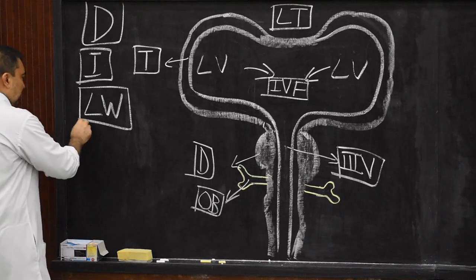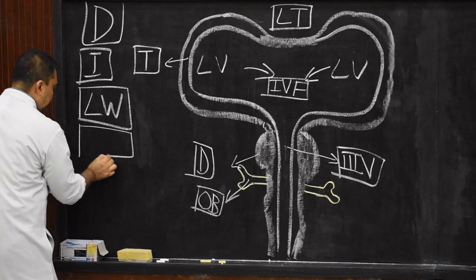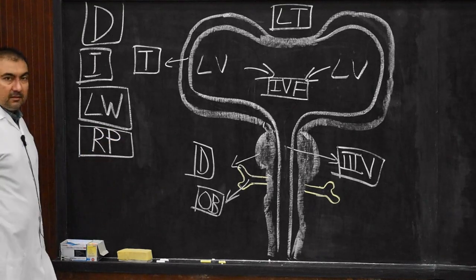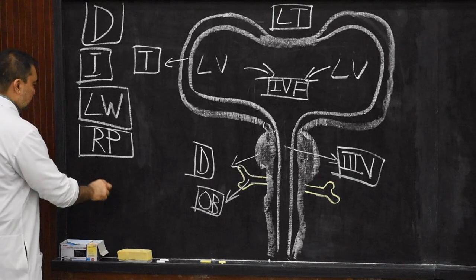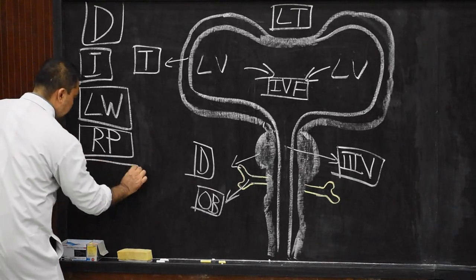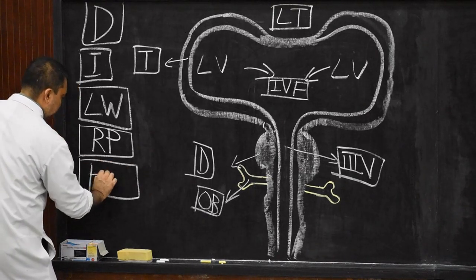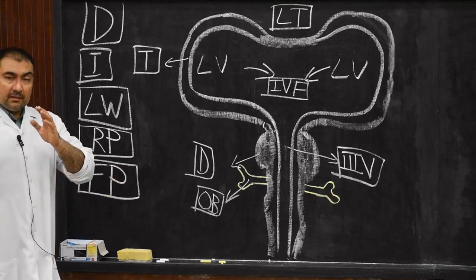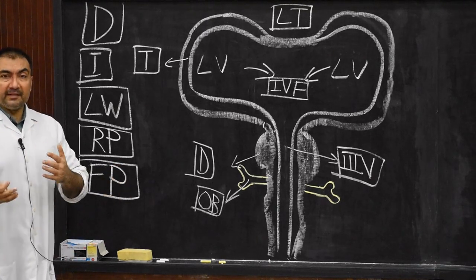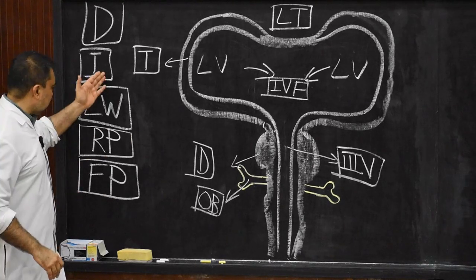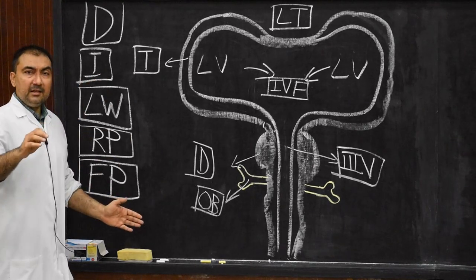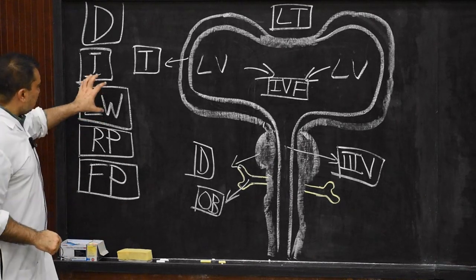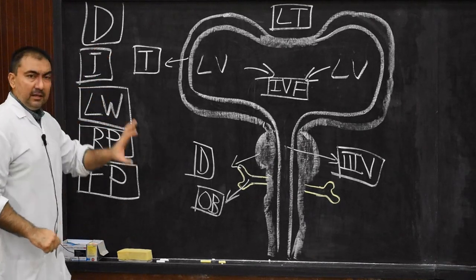Then, after finishing the lateral walls, we will take the roof plate. What are the structures in the roof? And afterwards, after the roof plate, we will take the floor plate. This is the sequence in which the development takes place, and usually the sequence in which we discuss the gross neuroanatomy of the diencephalon. So after finishing the introduction, we take the lateral wall.